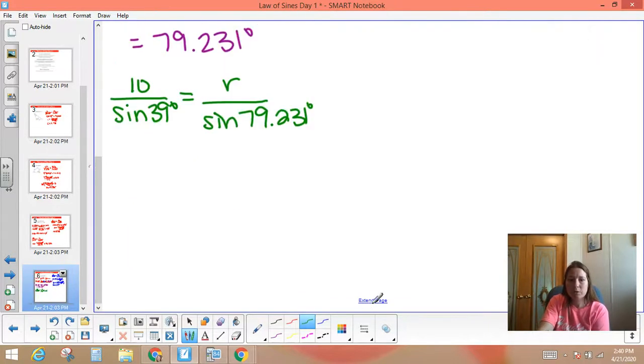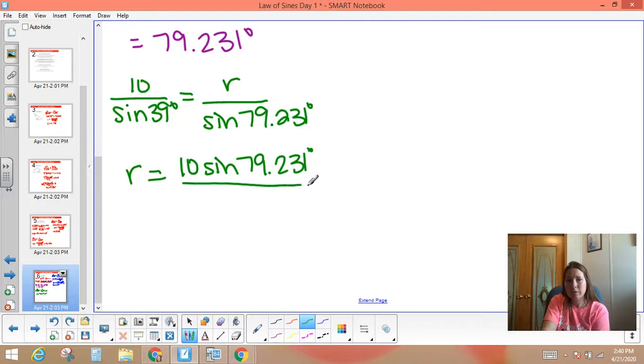All right, so working on solving that, we are trying to find R, and that should be equal to the two that are diagonal divided by the sine of 39 degrees. If we cross multiply, you get 10 sine of 79.231 equals R sine 39. So we just divided the 39 to the other side.